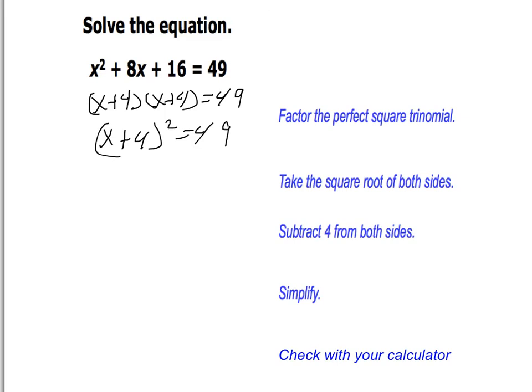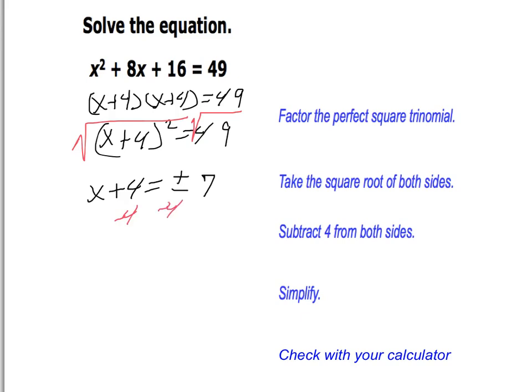All right, now I need to take the square root of both sides to get rid of this quantity squared. In doing so, now I have x plus 4 is equal to plus or minus the square root of 49. Well, what's the square root of 49? If you said 7, you are correct. Now, let's go ahead and subtract 4 from both sides.